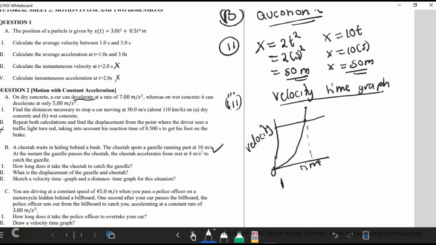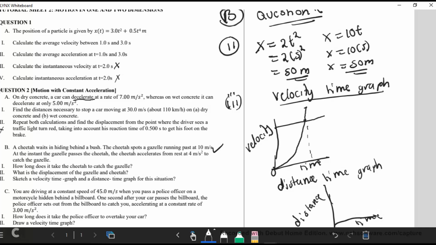How about the displacement? How about the distance? Is it distance? Yes. Distance-time graph, meaning the x-axis is what? Is distance, right? So here the x-axis is distance, then here it's what?